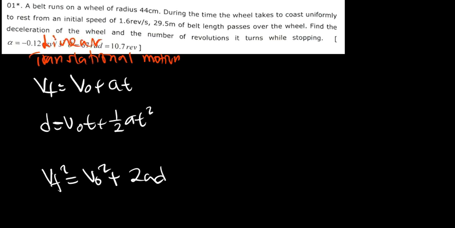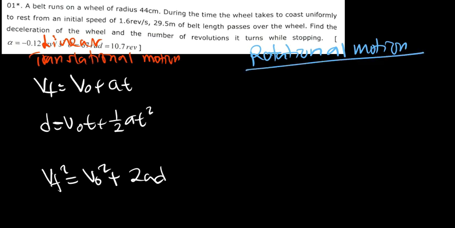Then there is also what we call rotational motion. When an object is moving around the circle, the same formulas which we talked about under translational motion, which is linear motion, apply. This is what we call linear velocity, this is also linear velocity, this is linear acceleration, this is linear displacement.